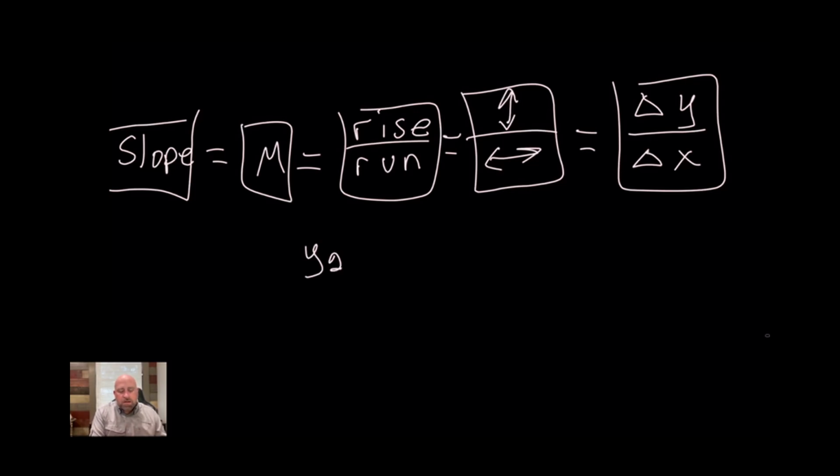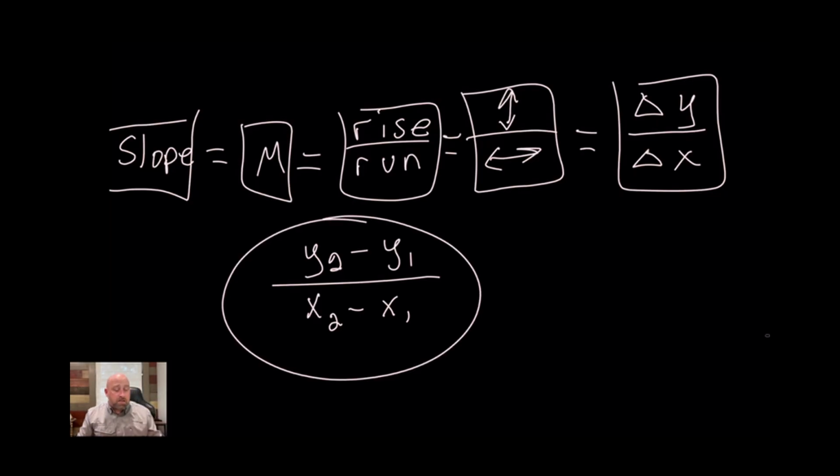The formula says y2 minus y1 over, and this is going to be your change of. So that's that delta. The change in the two points of y over the change in the two points of x. So you would have your x2 minus your x1. And so this would be the formula for finding slope.